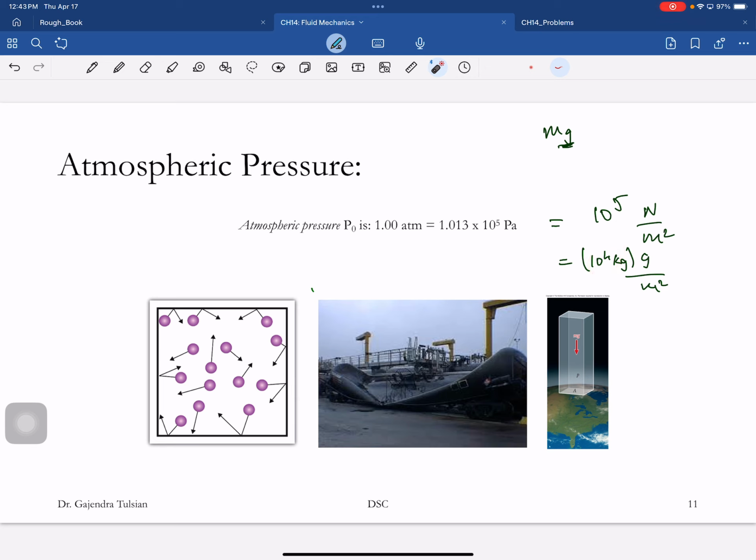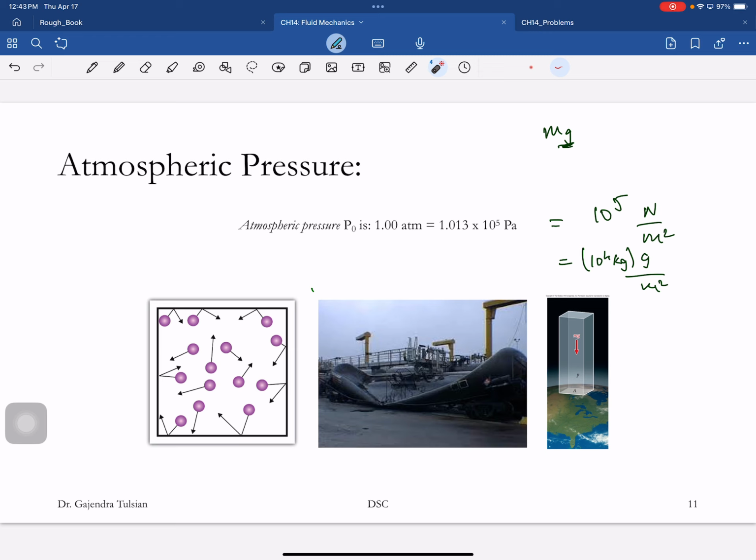So this much air all the way to space weighs about a school bus. Roughly, if you look at your chest, your body, you've got a school bus sitting on you.